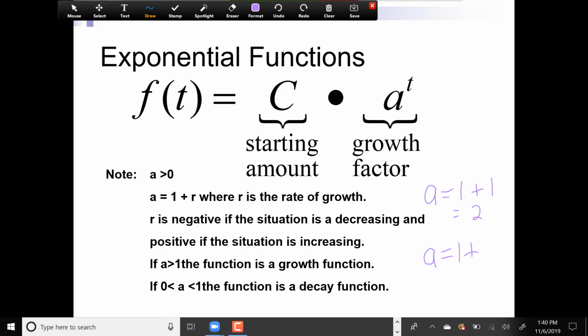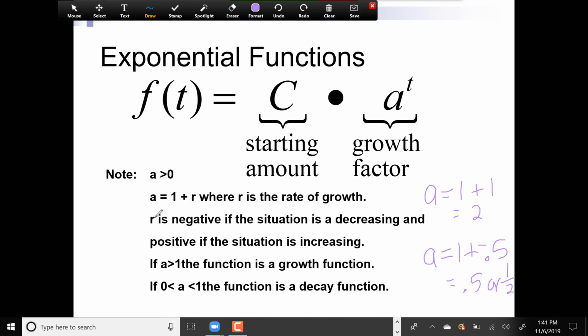So if your rate of growth is that you're going to go down by 1/2 or down by 50%, then it's going to be a negative in your R. So the R would be negative 0.5 because we are going down by 50%, or you could have negative 1/2. And when you calculate that, you end up with 0.5 or 1/2, which was our growth factor in our paper folding.